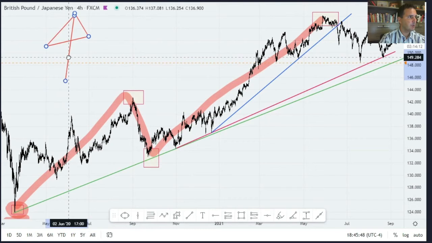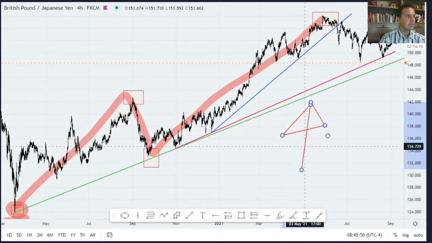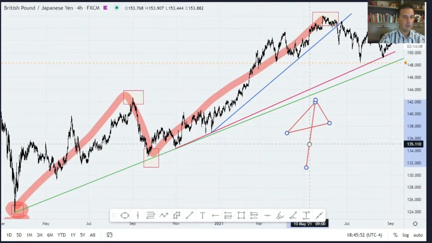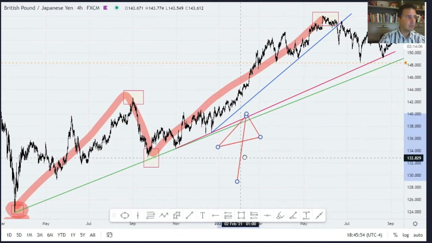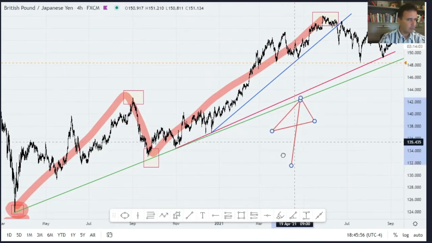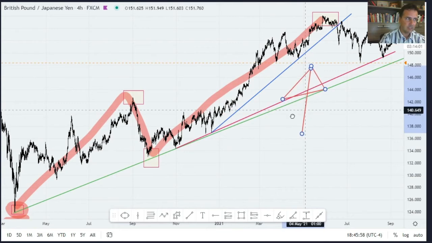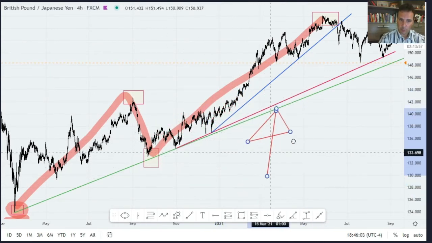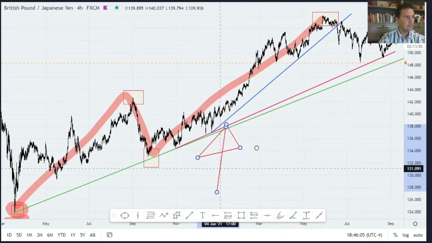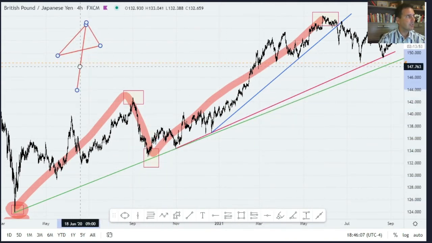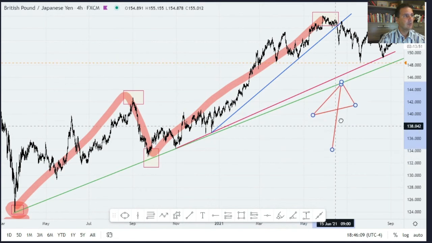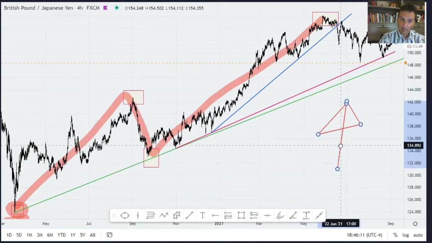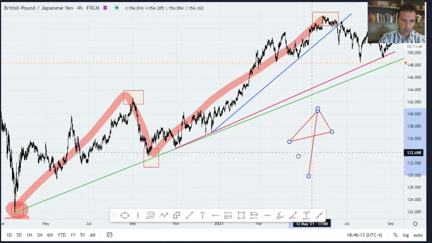So GBP JPY for our chart, this pair, talking about the trend lines. Don't confuse the Fibonacci, Ichimoku, crowns, head and shoulders, monthly bands. Talking about the trend lines, GBP JPY for our chart, long term, we are still up. How do you know?